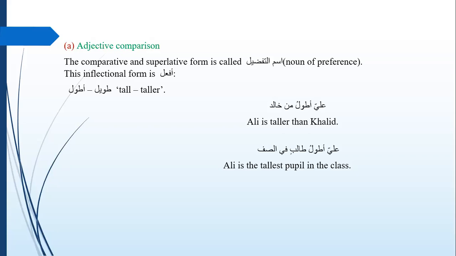رجل طويلة أمه. هنا طويلة صفة لأمه وليست للرجل. a man whose mother. لاحظوا استخدمنا relative clause whose. الولد الكبير أبوه. الكبير عائد على أبوه.